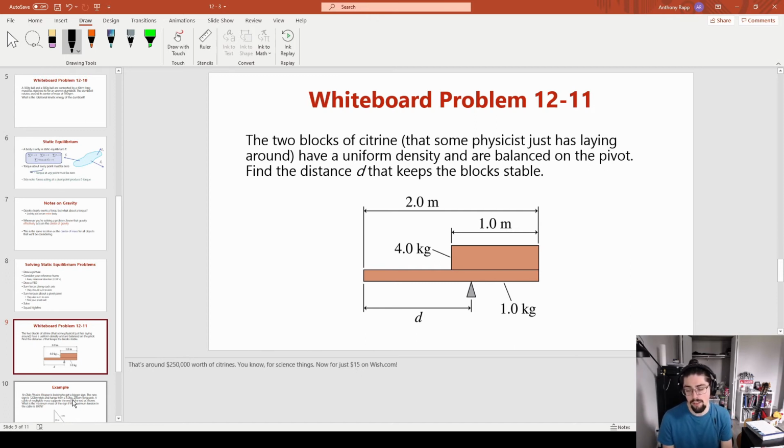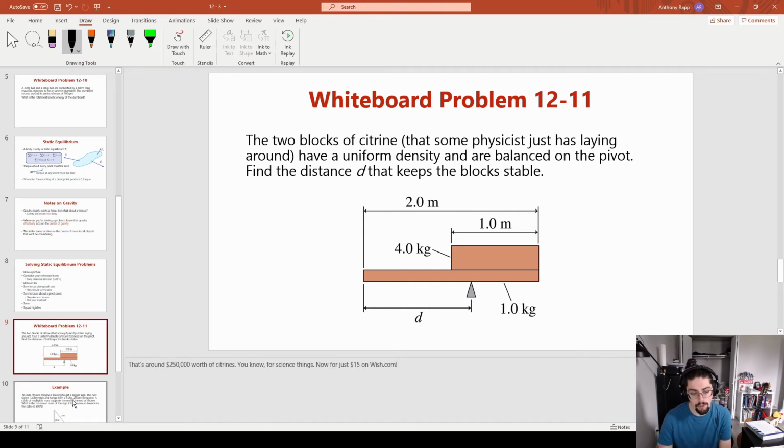Where along the x-axis do I have to put that pivot so that they are balanced? Use our knowledge here of torque, of net forces, to figure out where I have to put this thing so that the torque and the gravitational forces everything sums up to be 0.